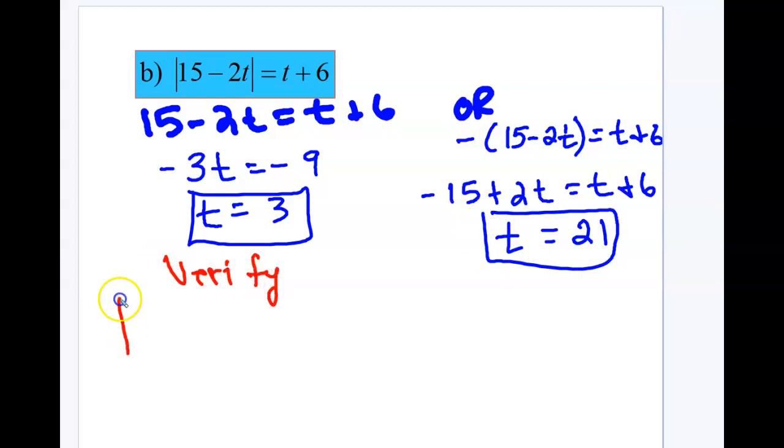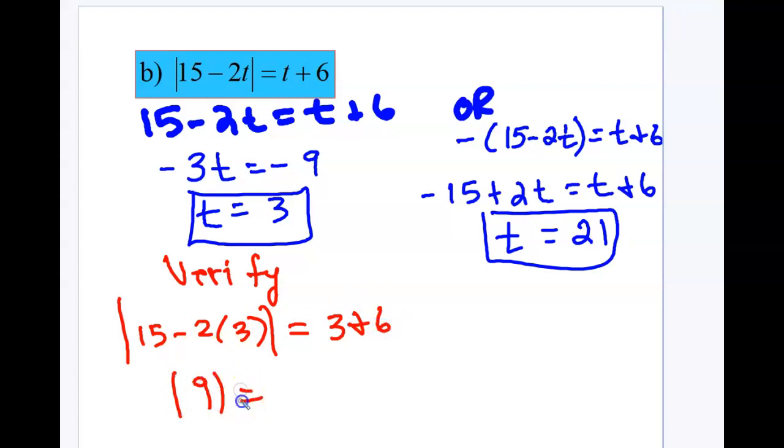Again, we verify in the original, so 15 minus 2 times 3, does that equal 3 plus 6? Well, 15 minus 6 is the absolute value of 9, and that does equal 9, so that's valid. And again, for the second one, 15 minus 2 times 21, does that equal 21 plus 6?